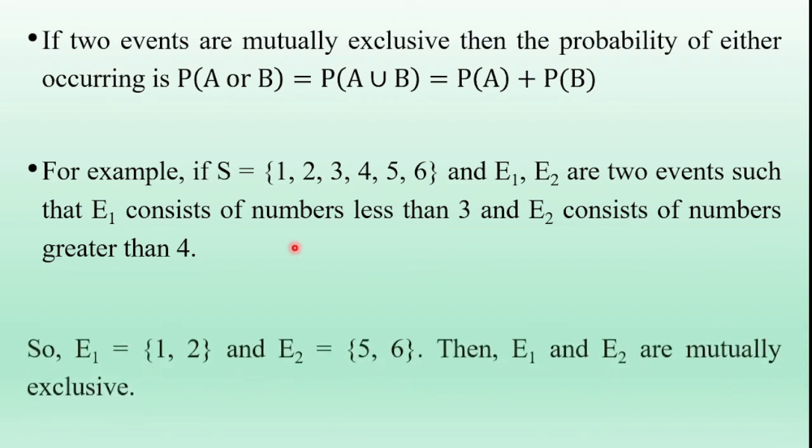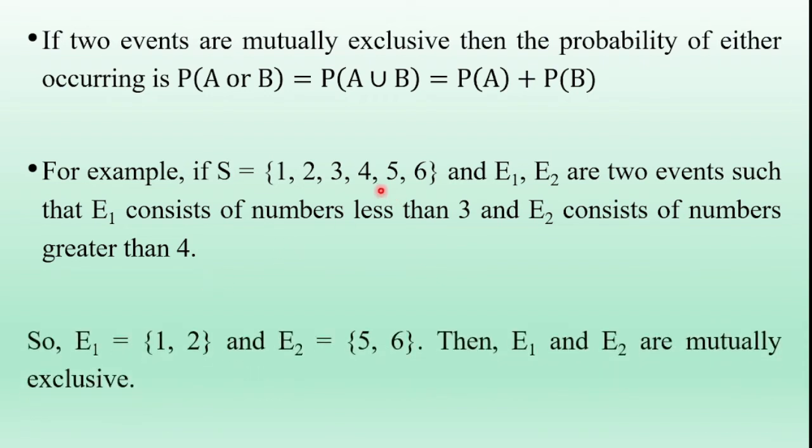So E1 is 1, 2 and event E2 is 5, 6. So then E1 and E2 are mutually exclusive events.